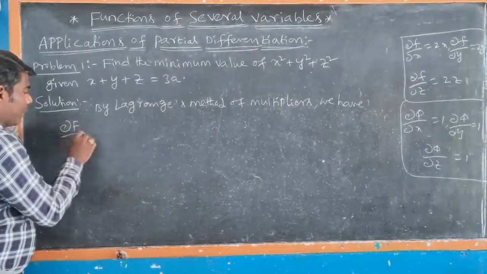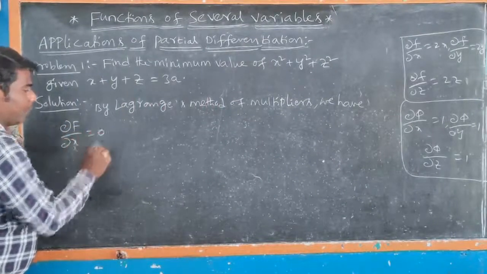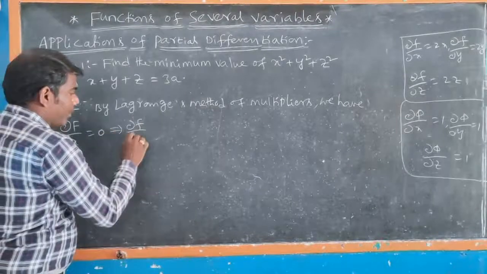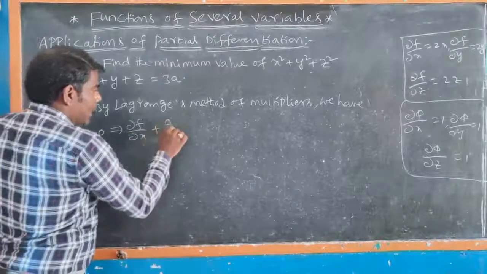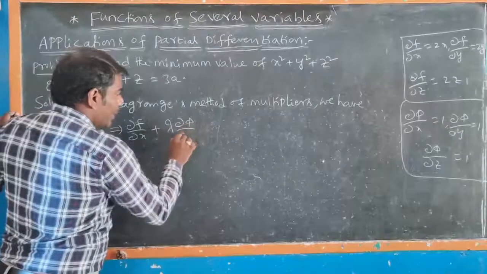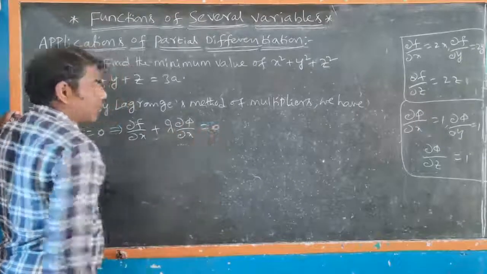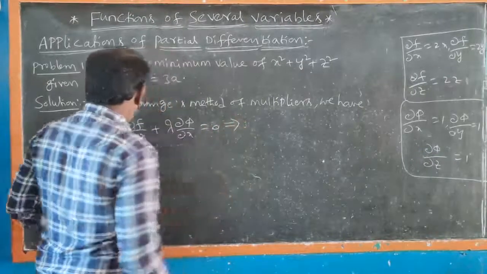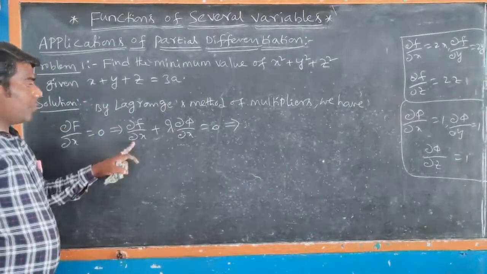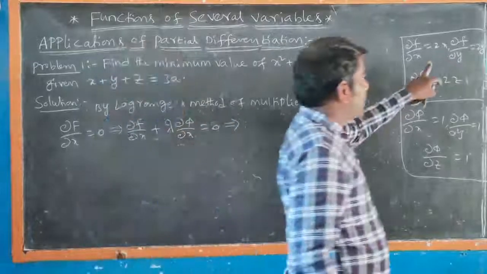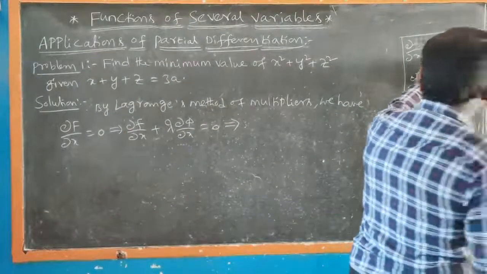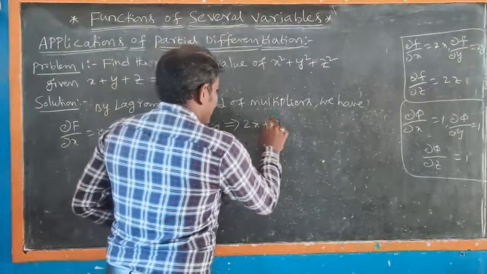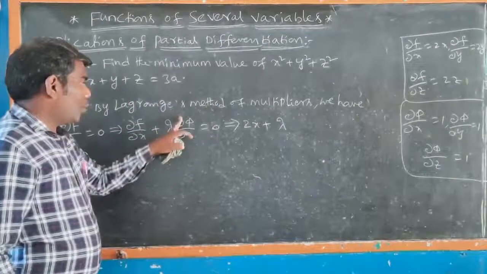∂F/∂x is equal to 0. That implies ∂f/∂x plus lambda into ∂φ/∂x is equal to 0. So what is ∂f/∂x? ∂f/∂x equal to 2x plus lambda into ∂φ/∂x.